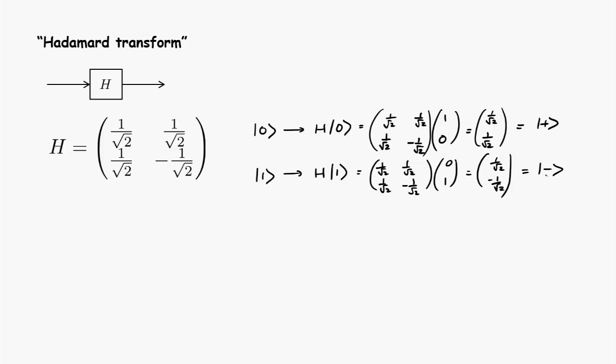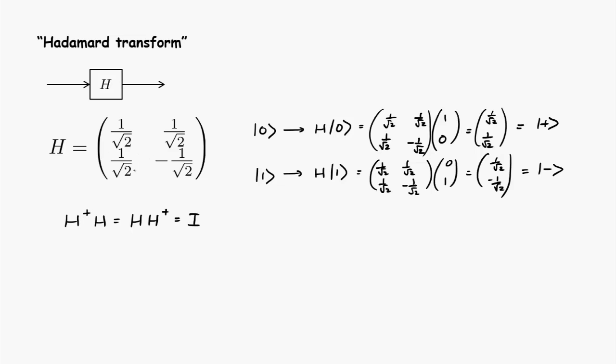Now, as before, we must verify that this is a unitary transformation. So we want to check that H dagger H is the identity. But once again, what's H dagger? Well, complex conjugates, all the entries are real, so they stay unchanged.